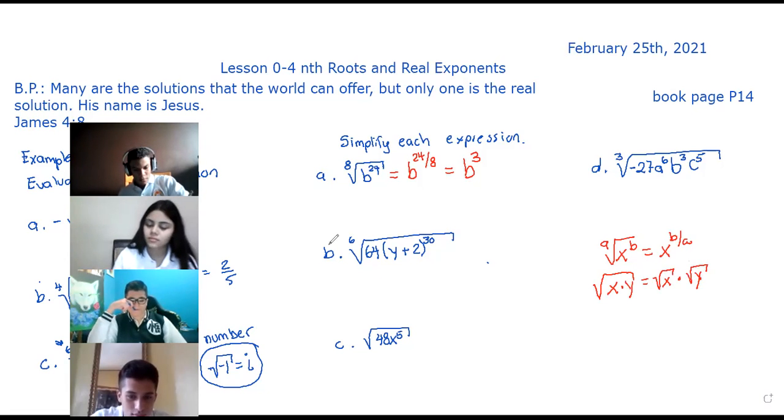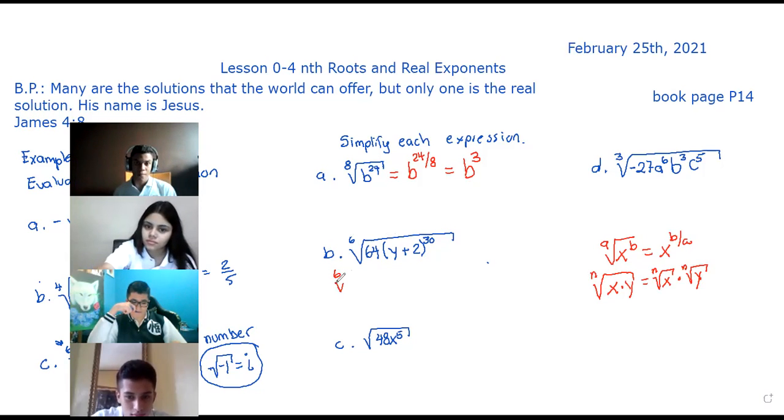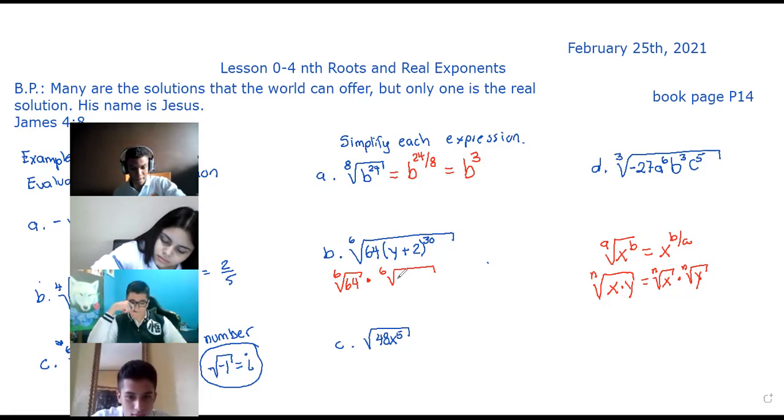And that also applies, sorry, I'm going to write here the index, n and n. This doesn't work only for square roots. It works for any radical with any index. So I am going to use this property here. I'm going to write the 6th root of 64 times the 6th root of (y plus 2) to the exponent 30.